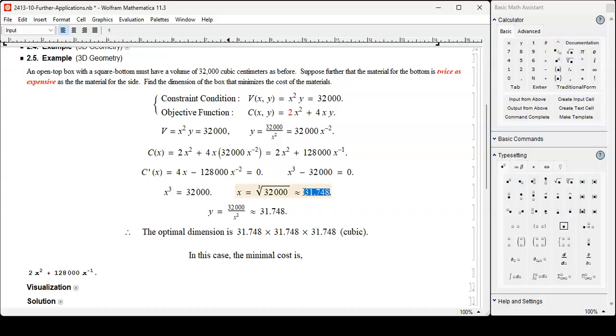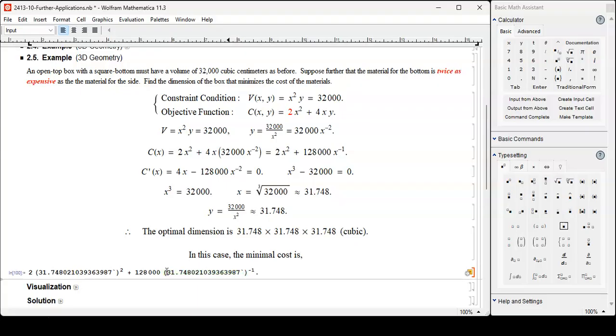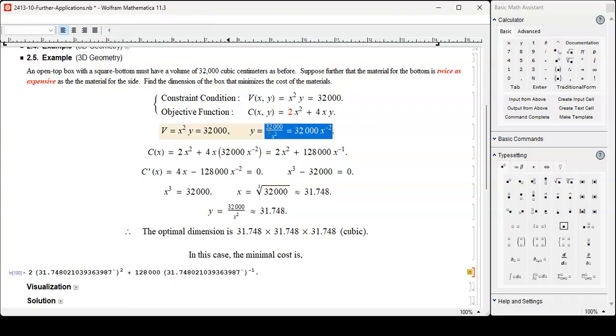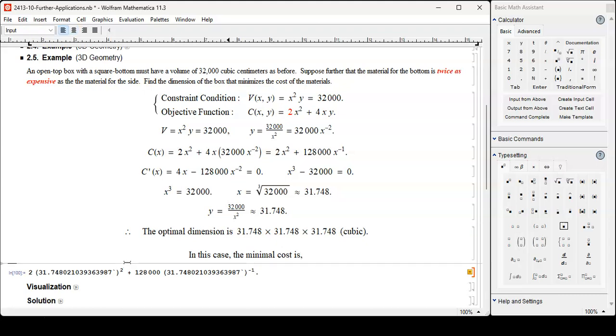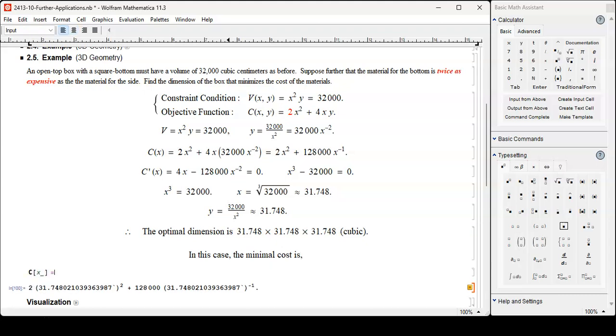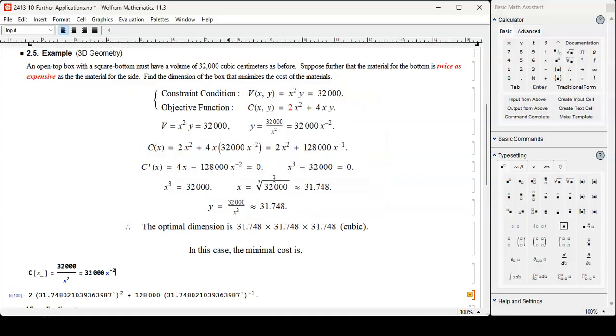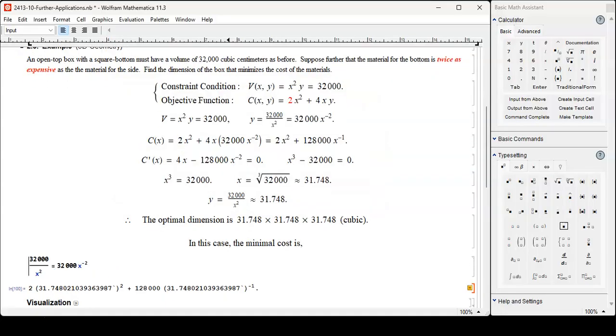And I have to plug in this value in, right? Doesn't work very well. Okay, that's the quantity.